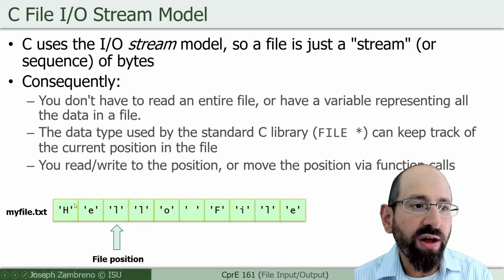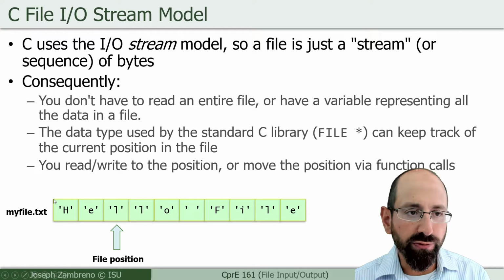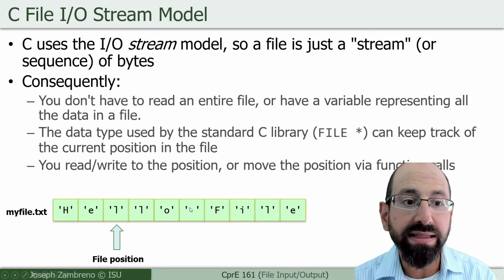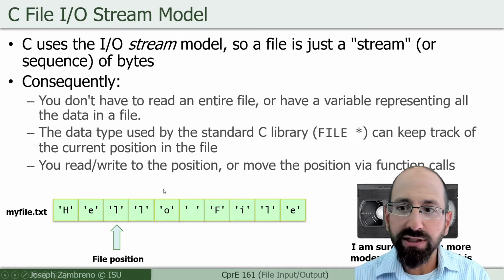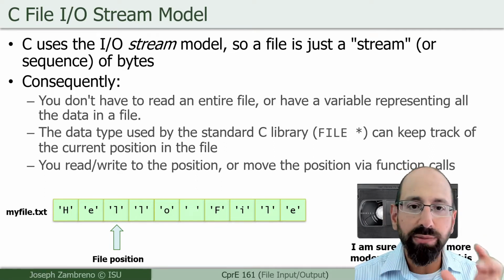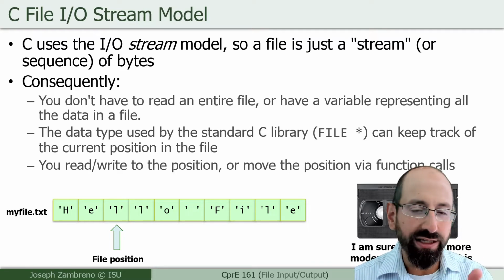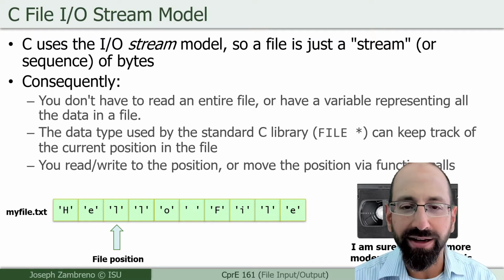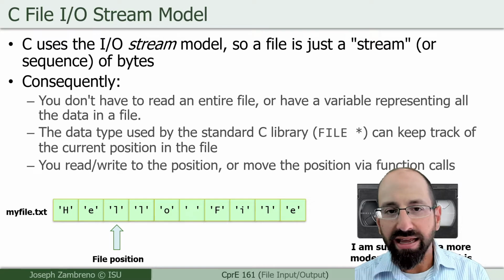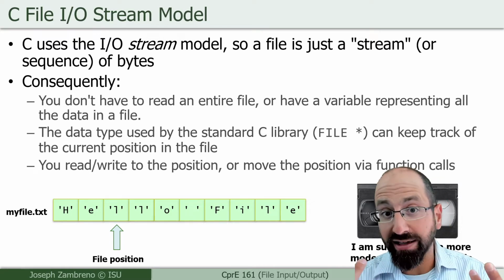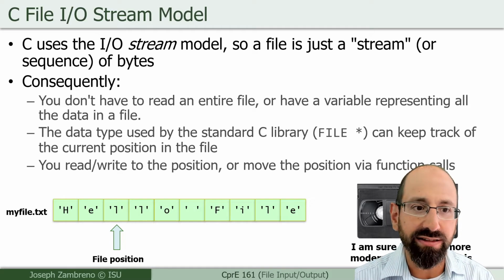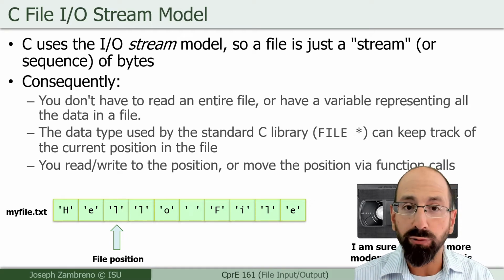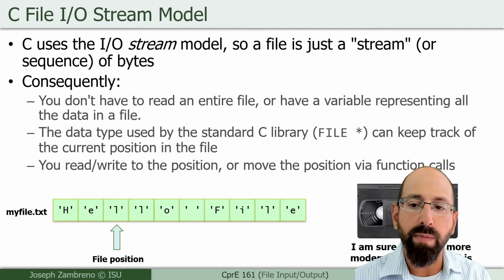So if you had some file, myfile.txt, you can visualize that as just a stream of bytes as well as a pointer to the position you're currently at. It's not so different from the old VHS tape analogy where it's this stream of data and you can physically rewind it or fast forward it through your video. It is analogous and was invented in the era where we had magnetic tape for our storage and file systems. The same model still works really well for modern systems and modern files.